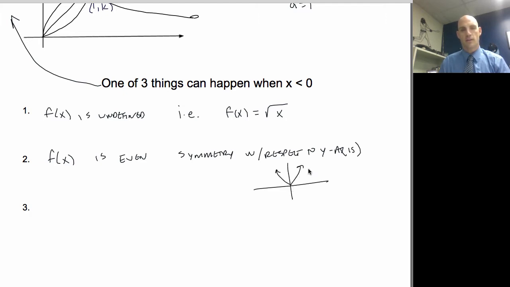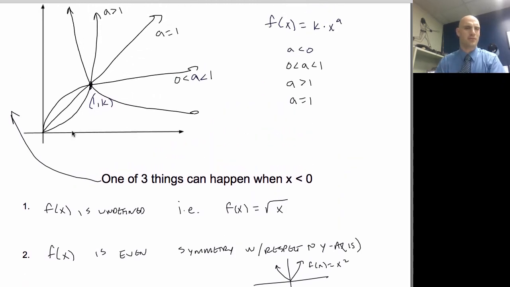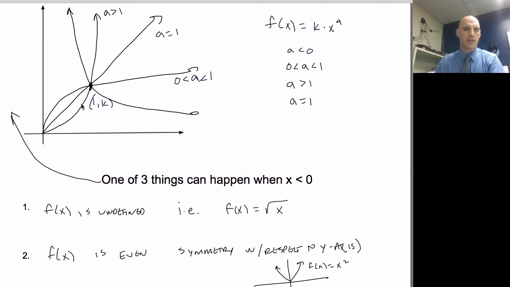So this is f of x is equal to x squared. So what could happen if x was less than 0? I'm talking about this graph right here, where a is greater than 0. If this was x squared, its counterpart, its part when x is less than 0, would be over here. It would be a mirror image. So if it's a square root, like this one, it doesn't exist. If it's x squared, it's a mirror image.